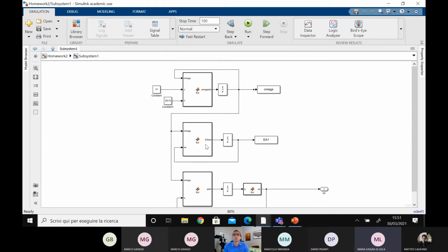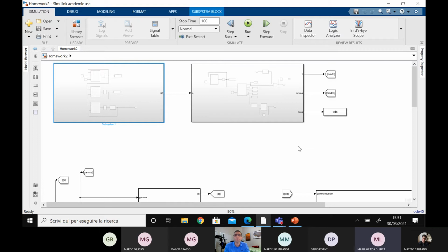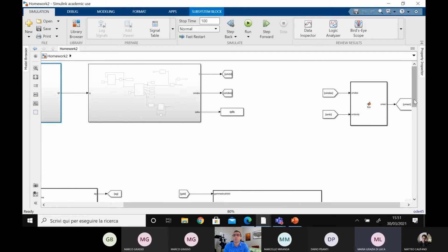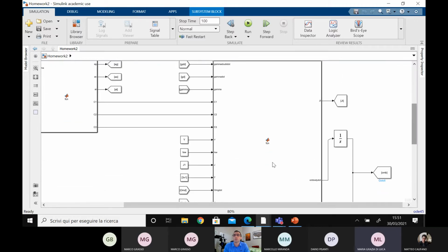So I think that instead of this block, because this was the first time we wrote it, instead of this block here as an input, I should have a quaternion that comes out of the omega body that we integrated. Yes. Okay, yes.